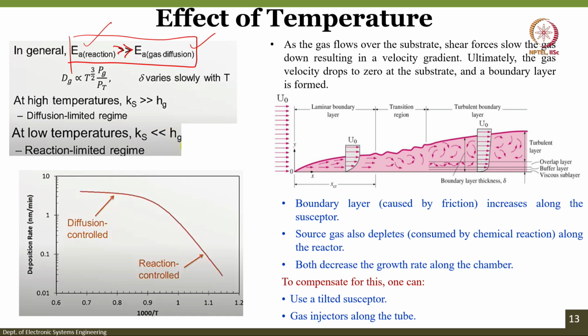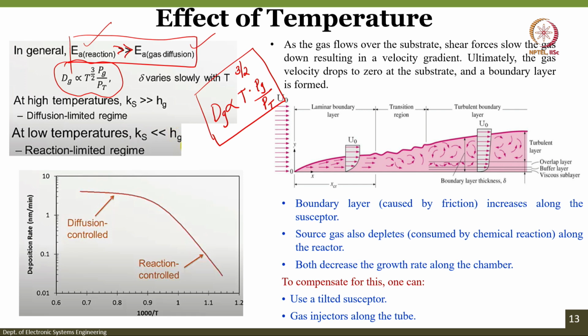This equation shows the relation of diffusivity with partial pressure. You can see that diffusivity is proportional to T raised to 3/2 times the ratio of pressures, where this is the total pressure and Pg is the partial pressure of the reactant molecules. This is the relation between diffusivity, temperature and partial pressure.